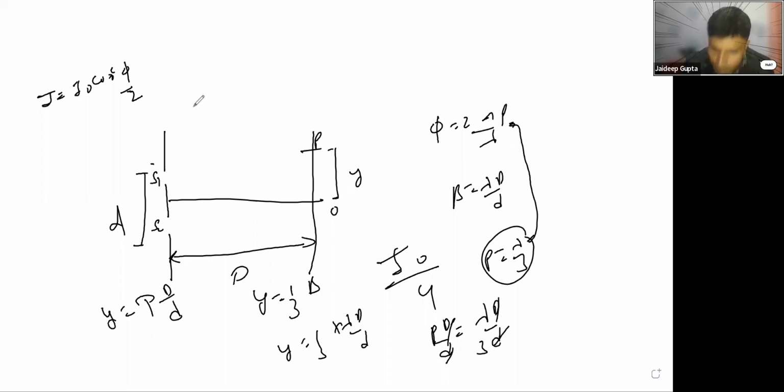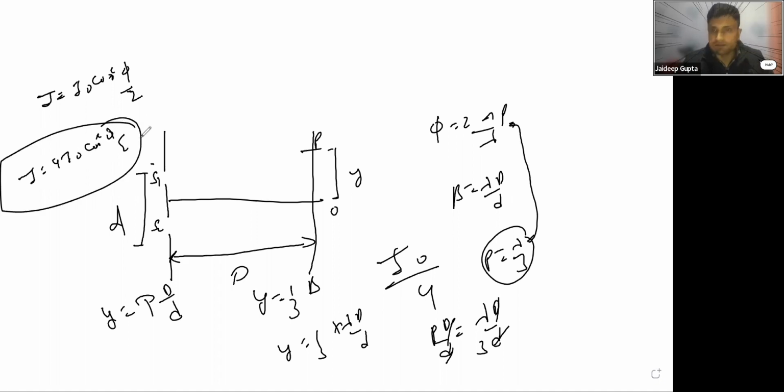Next. The question is based on this formula a little bit. You have to use this formula. Okay, now start writing.